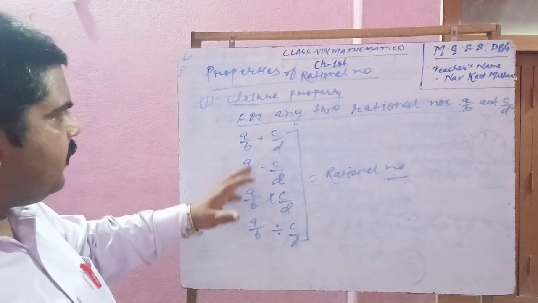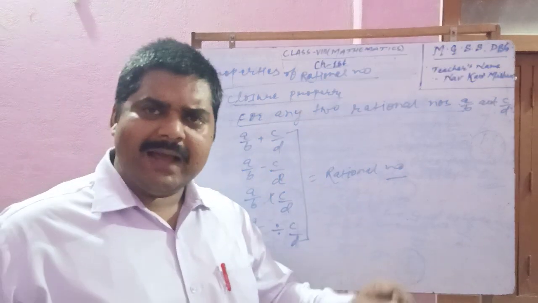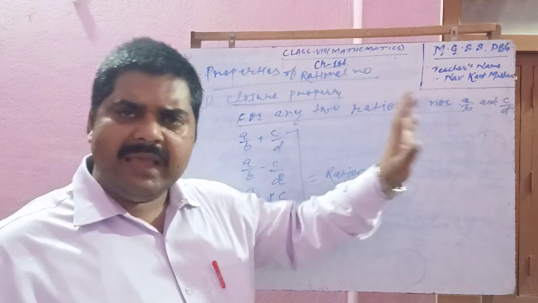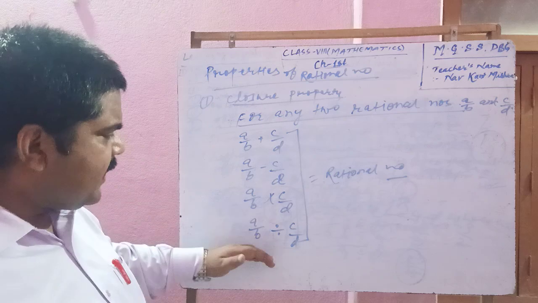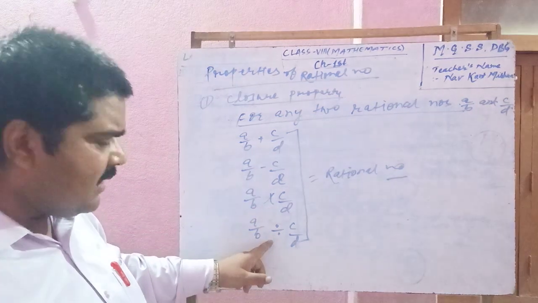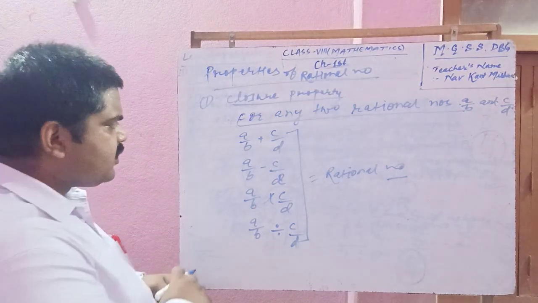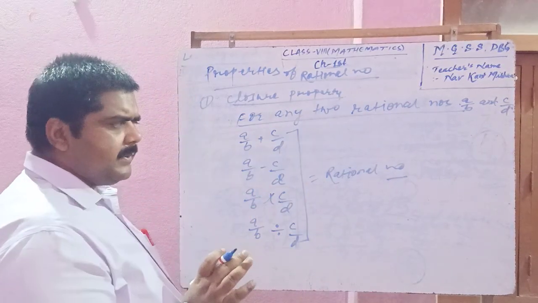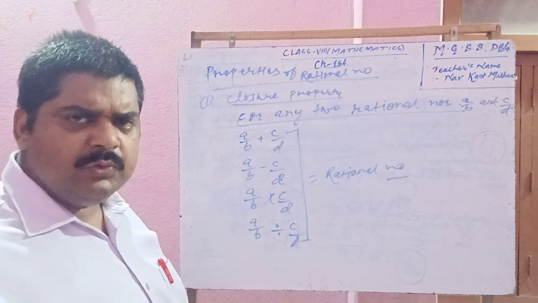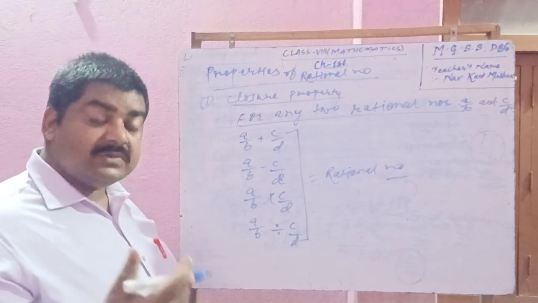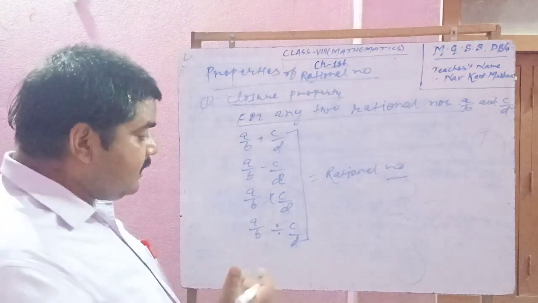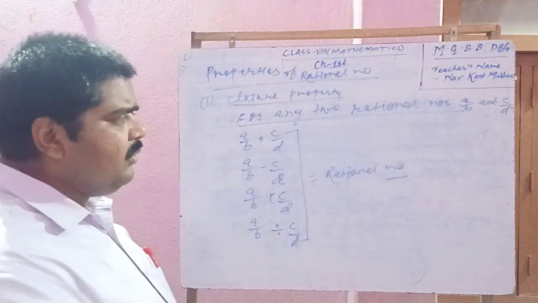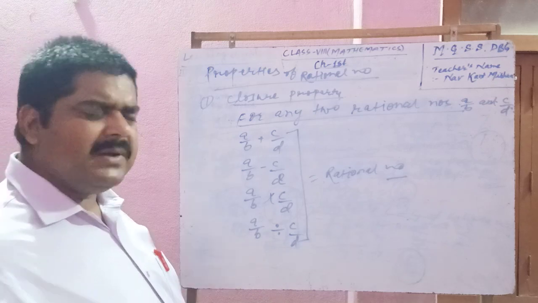My dear students, regarding closure properties, for any two rational numbers a upon b and c upon d, in all such cases, addition, subtraction, multiplication or division, it is closed. Whether you add, subtract, multiply or divide two rational numbers, the result must be a rational number. You can check by verifying several examples.